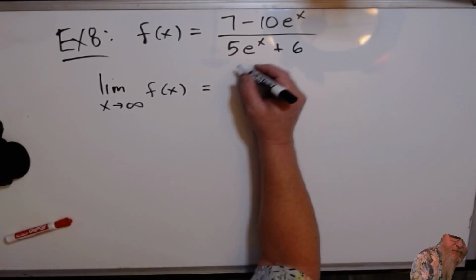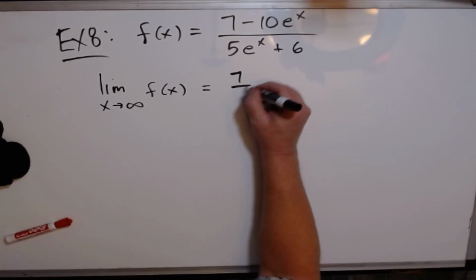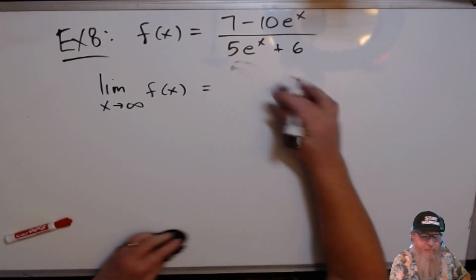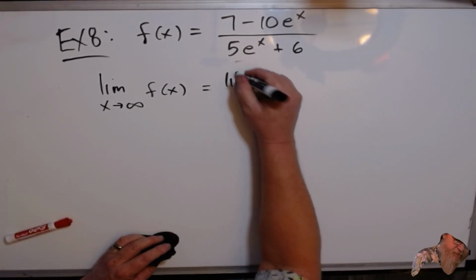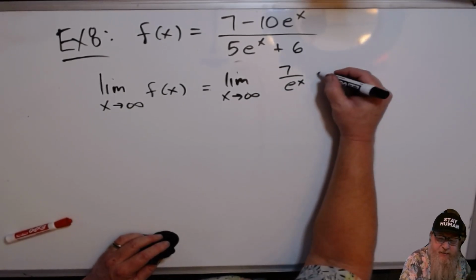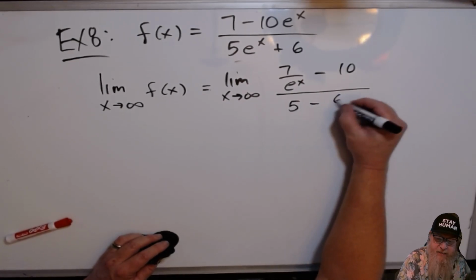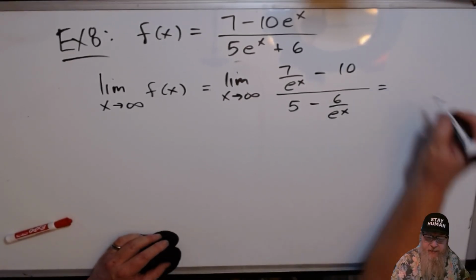So I divide everybody by e^x. So I get 7 over e^x. Oh, I got to write limit. Seven over e^x minus 10, over 5 minus 6 over e^x.